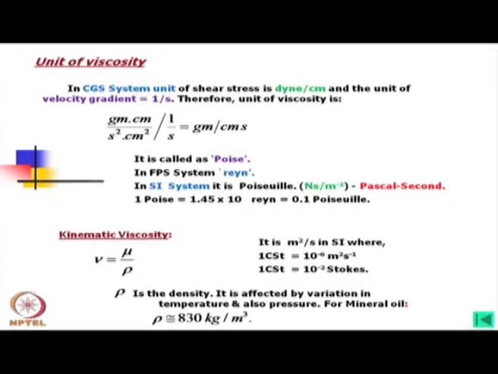It is affected by variation in temperature and also pressure. For mineral oil, rho can be taken approximately equal to 830 kg per meter cube. It normally varies from 830 to 850 kg per meter cube.